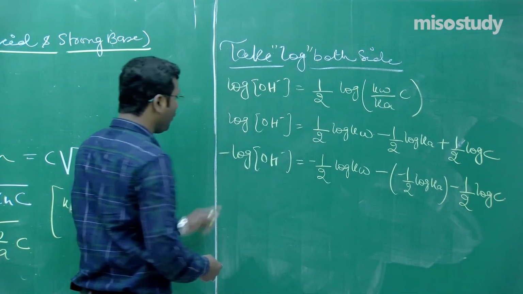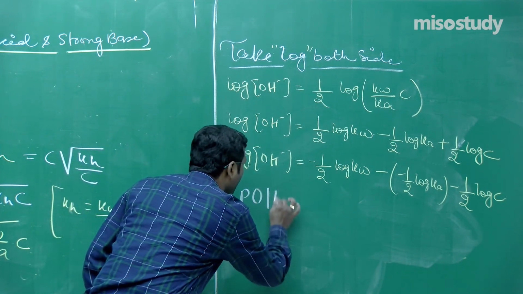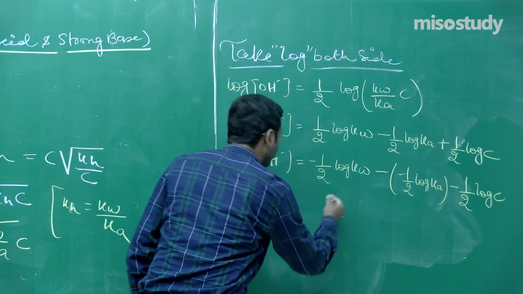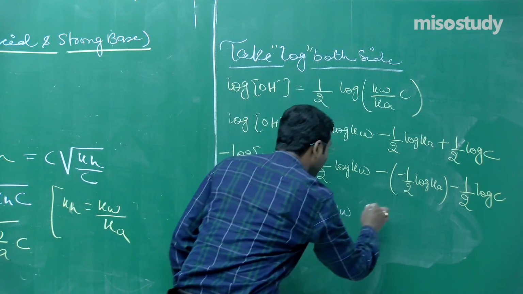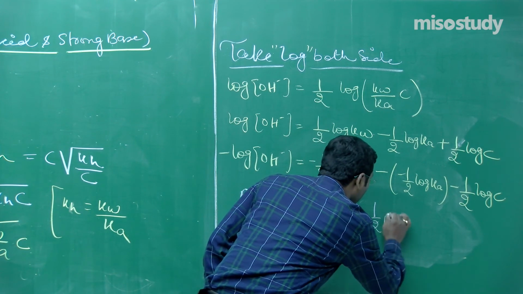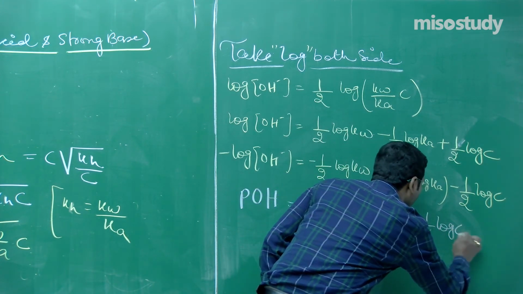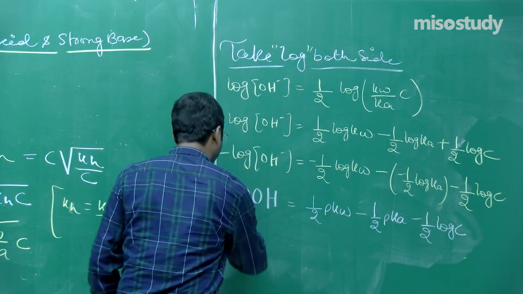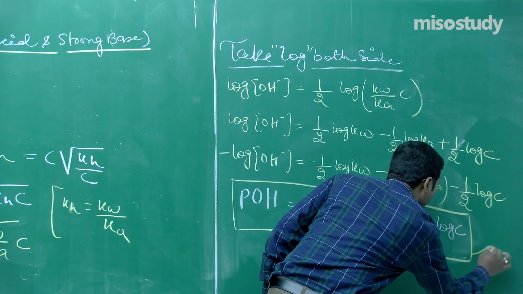Now, as we know, minus log OH minus ion is equal to pOH, and minus log Kw is equal to pKw, and minus log Ka is equal to pKa, and 1 upon 2 log C. Okay friend, this is the expression for pOH.